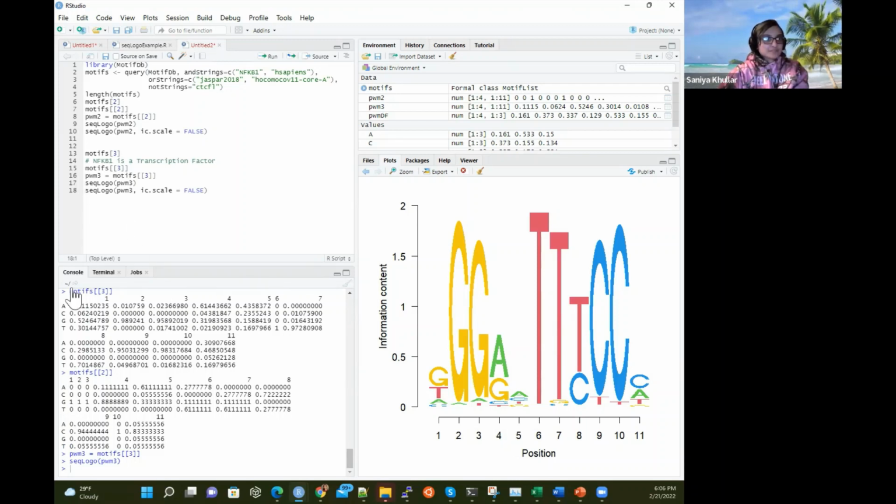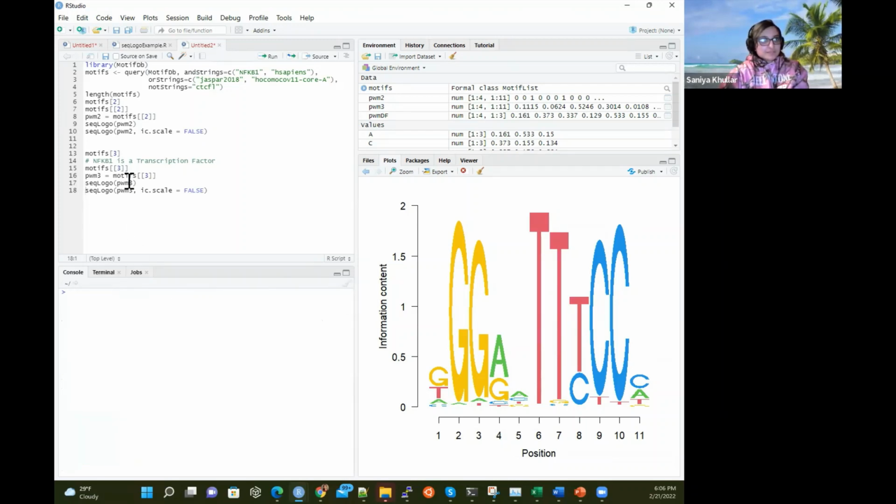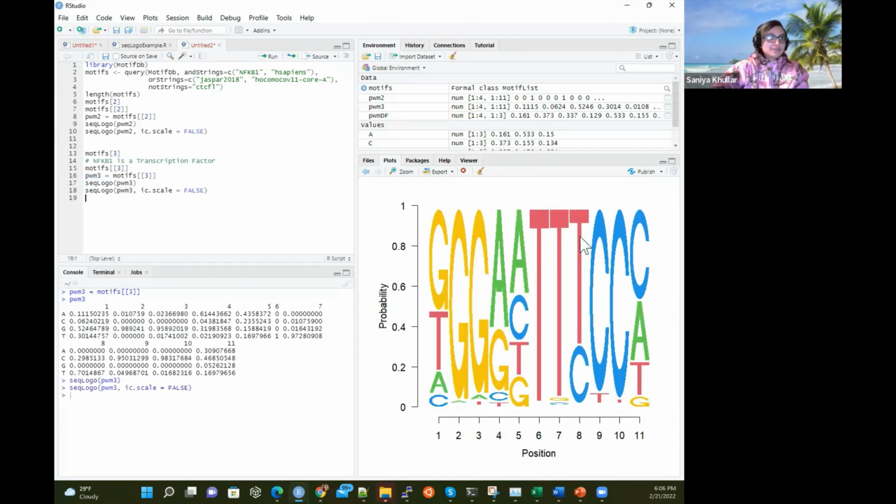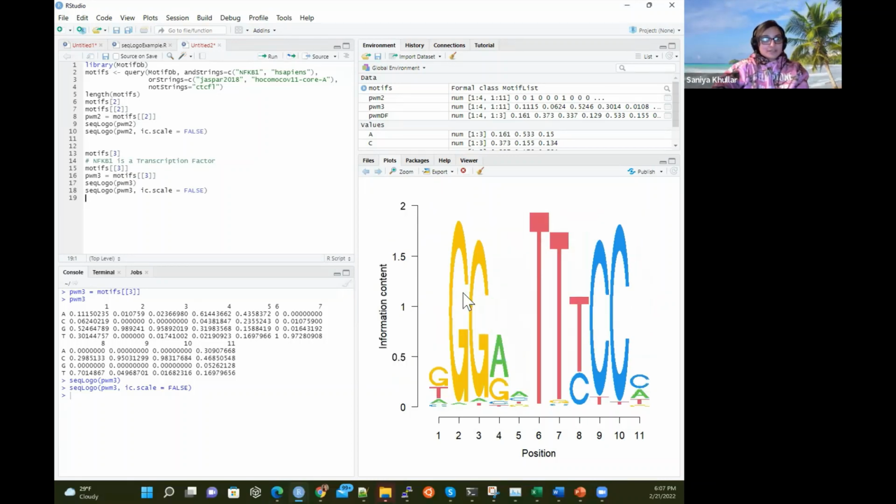So let me just clear this a bit so we can see that it can be G here and then G, but there's a little bit more uncertainty, which is what this information content shows for NFKB. We see the sequence logo. We can also see the probabilities as well, and these would be summing to 1, whereas the information content is proportional to the information that we know about it at a given base.